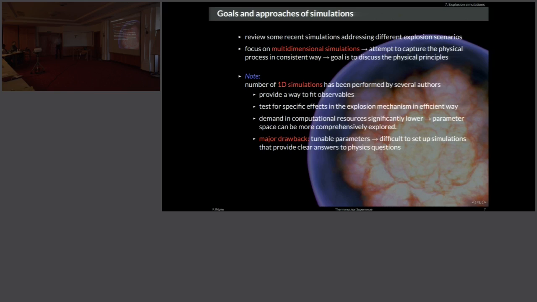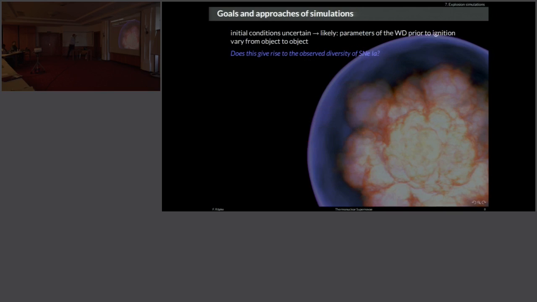You can tune these very finely to fit observations. So all this is of course an advantage, but the major drawback is that they involve very strong tunable model parameters, because of the inconsistent representation of the physical mechanism. So therefore it is actually difficult to draw firm conclusions on the explosion physics from such simulations.